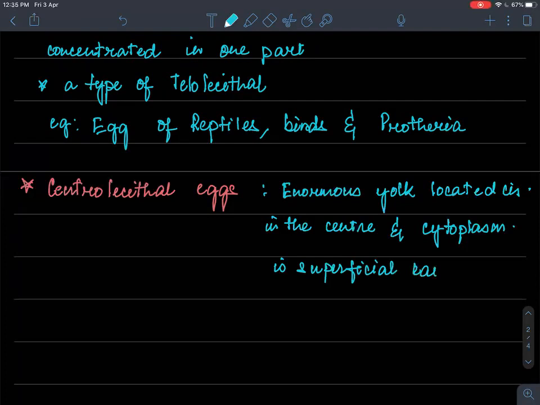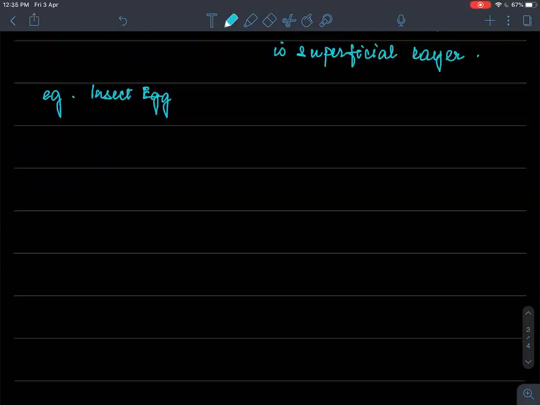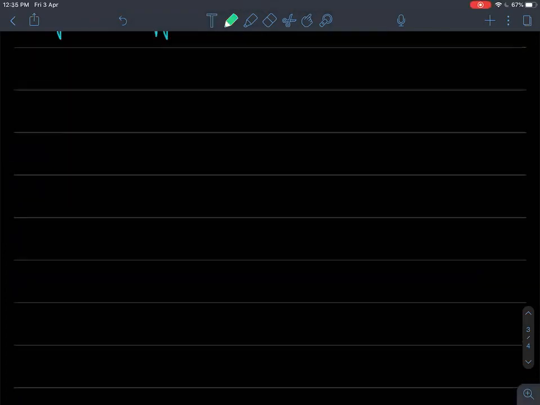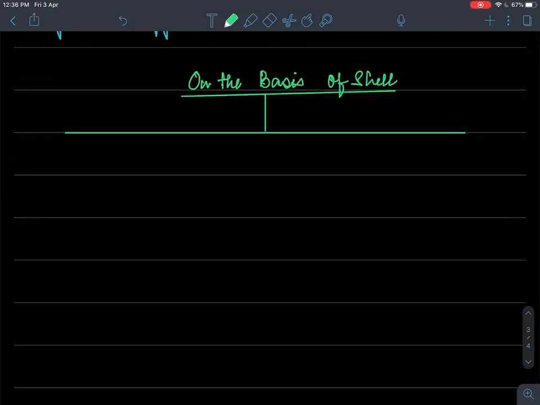The next thing we are going to look into is the classification of eggs on the basis of shell. This is also very, very important, because from here a lot of times questions come, and you need to know this for the basics of animal kingdom also, because they can correlate it with various classes of animals which you have studied in animal kingdom.